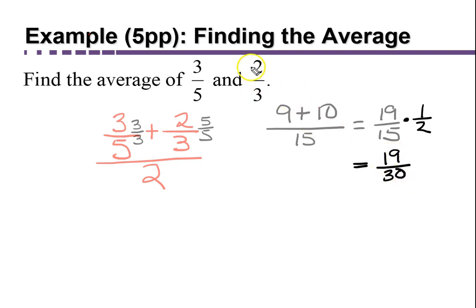So the arithmetic mean between these two fractions is 19/30. We found it by adding these two together, which is what we did here, and then dividing by 2. And they showed us a little earlier, dividing by 2 is the same as multiplying by 1/2. 1/2 of something is dividing by 2. Okay.